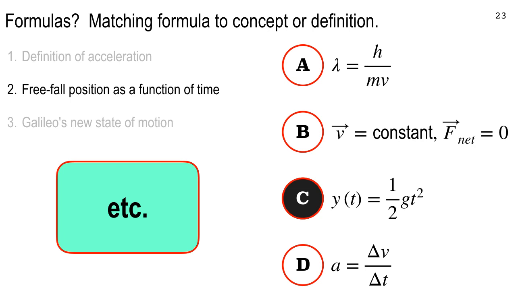Now, before we did this little interlude about matching formulas, we were talking about what happens if the acceleration changes. Another common example, in addition to skiing and going from a relatively shallow slope to a very steep slope, is one of these big rockets over at Kennedy Space Center.